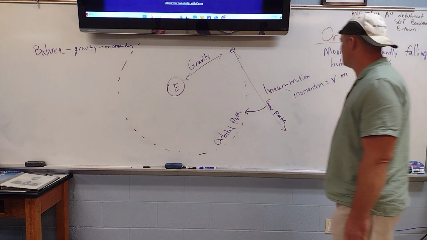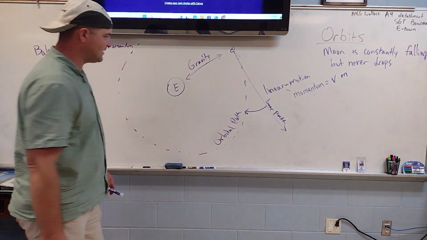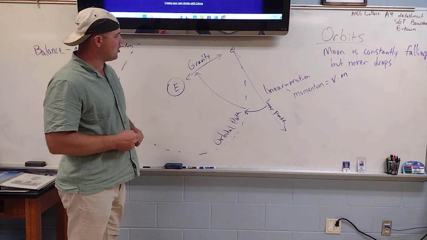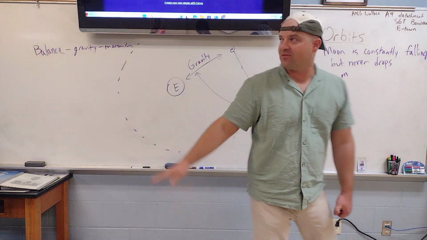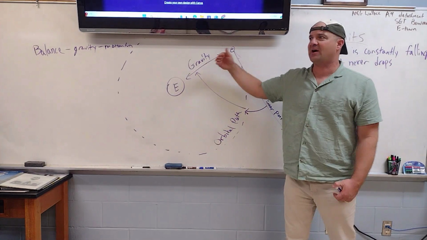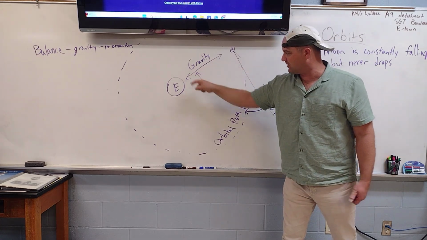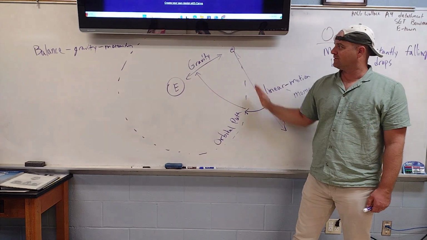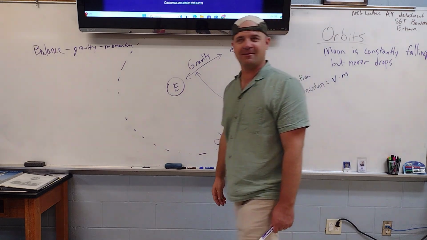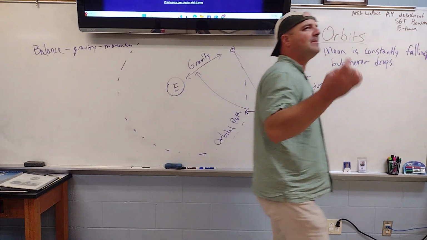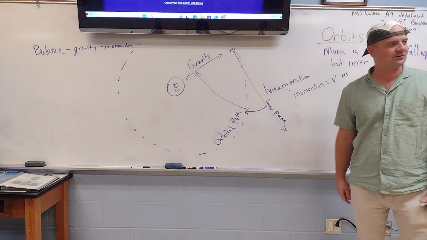Okay, good. What else? We also have an angle here between the orbital path and the line connecting the Moon and the Earth by the gravity, and that's perpendicular to the linear path. Now, are orbits perfect circles?